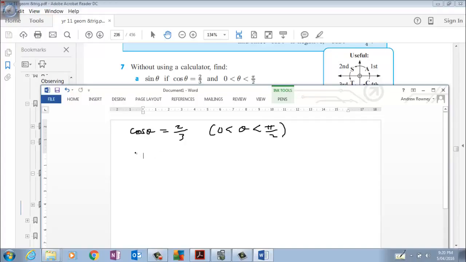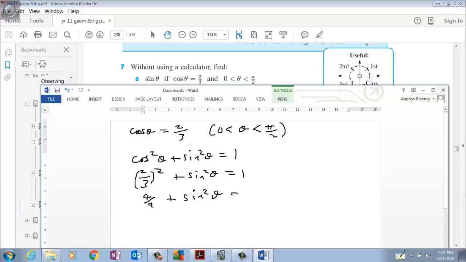Now once again we use the identity, which is cos squared plus sine squared equals 1. We know that cos is 2/3, so that's 2/3 squared plus sine squared equals 1. Now 2/3 squared is the same as 4 on 9.